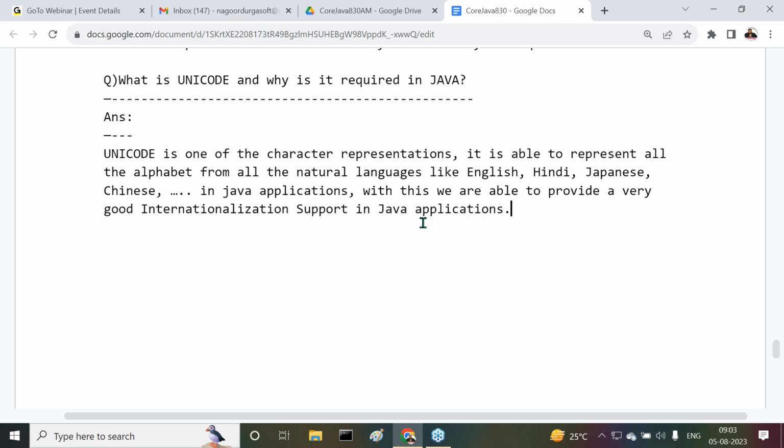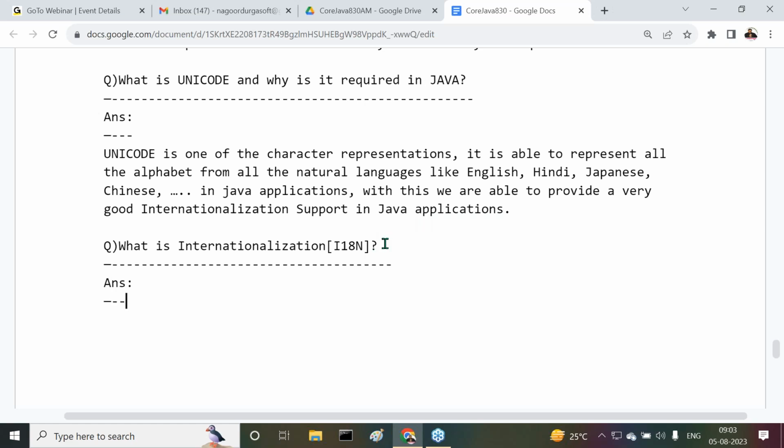Immediately we get a question: what is internationalization? We need to understand this also. In short, we can call it I18N.